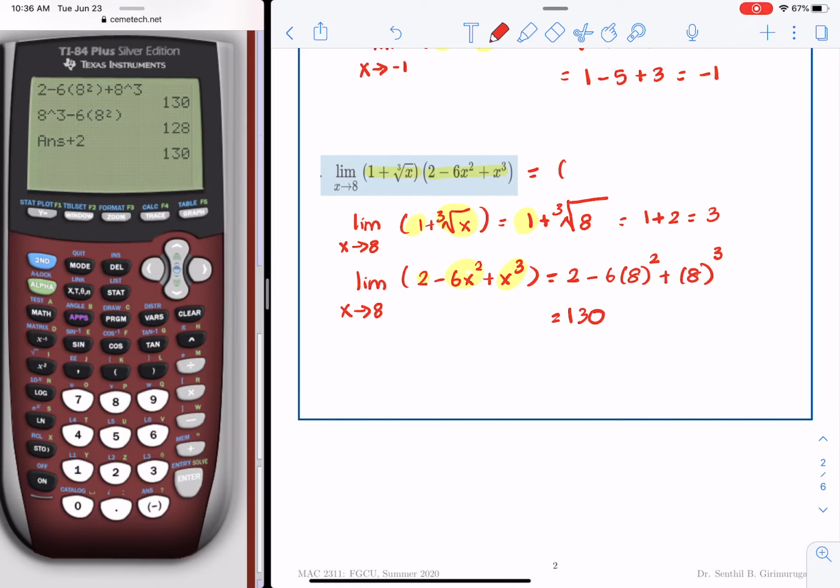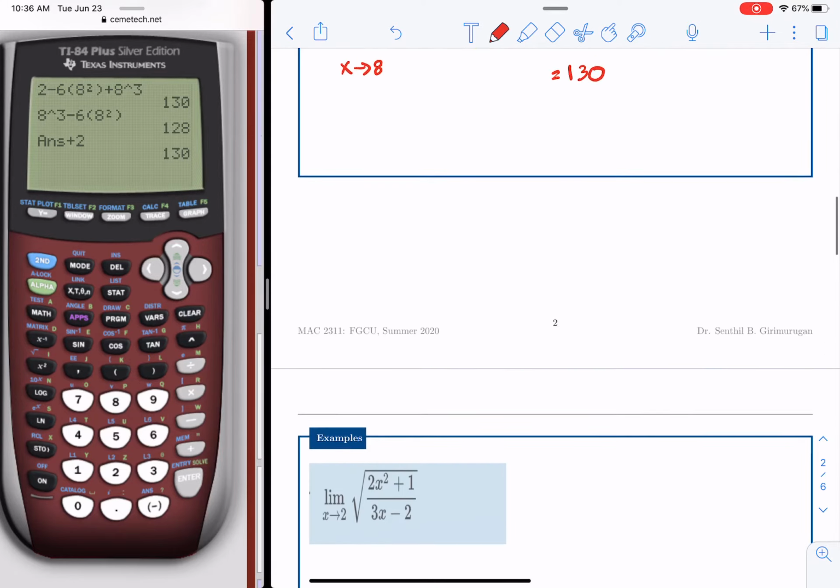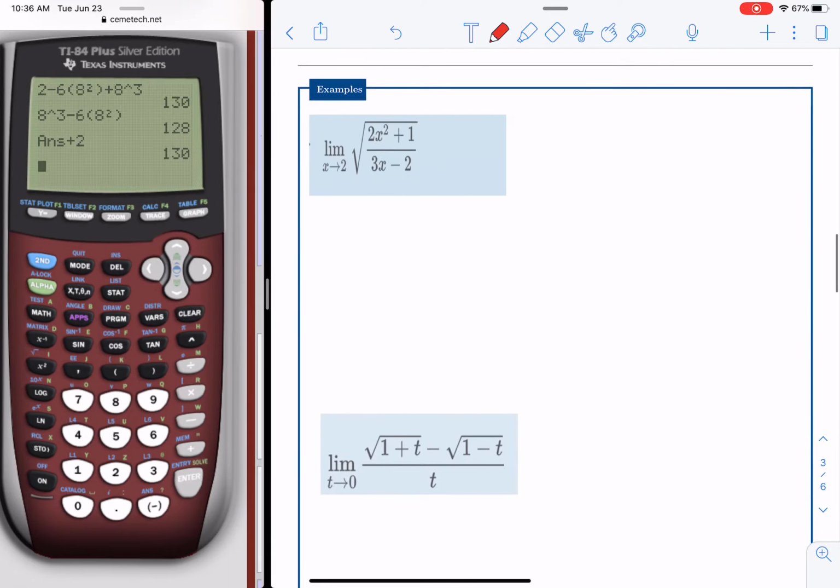So here we simply multiplied 3 times 130. We get 390. So now we have a case where we want to apply the limit, and we have one function divided by another function, and we have a square root. So we can move the limit inside the root.